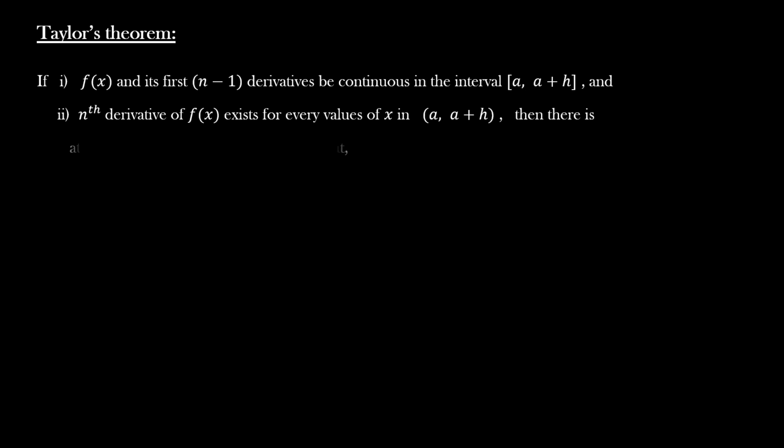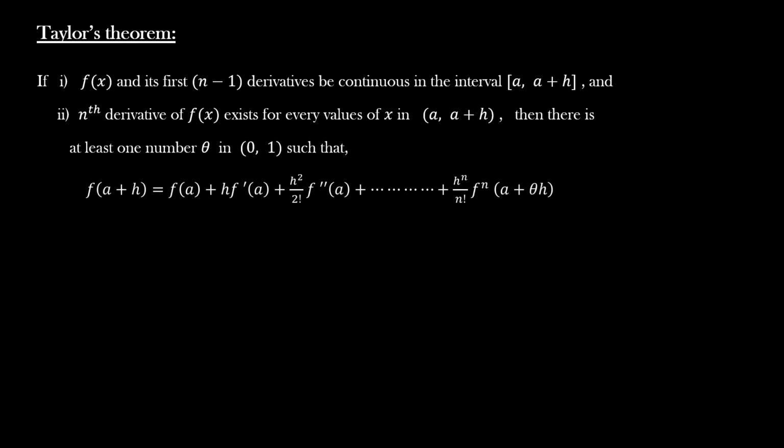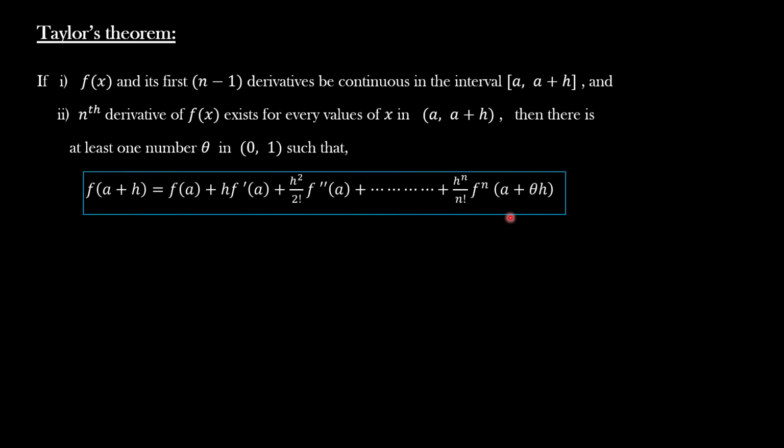Then the expansion of f of a plus h is given by f of a plus h into f dash of a plus h square by 2 factorial into f double dash of a, and so on. The last term is h to the power n divided by n factorial into nth derivative of f at a plus theta h, where theta is at least one member in the interval 0, 1.